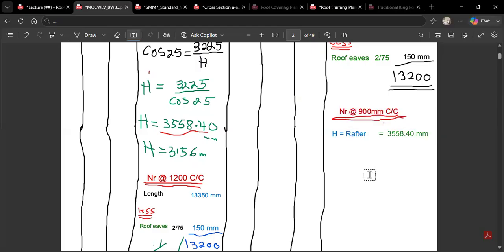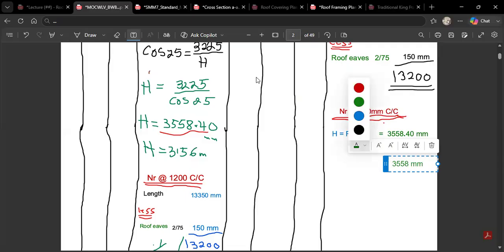So from here, we are going to put this same value down, and we are going to consider the whole number. Then we divide by 900 center to center. So this value, we divide the center to center by it. That is the 900 you are seeing.